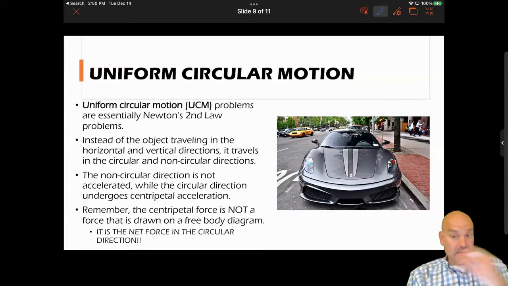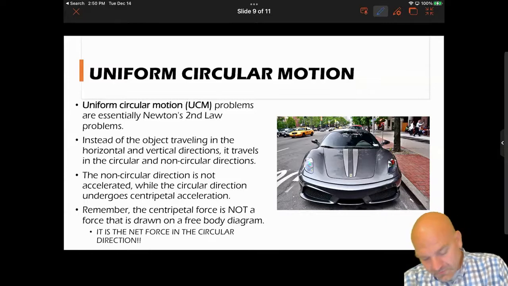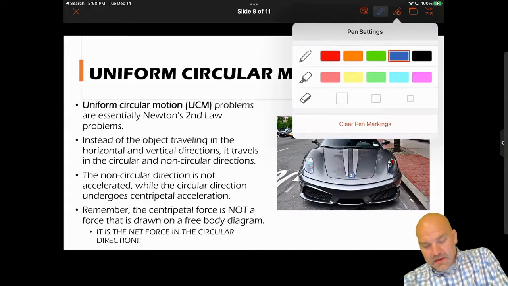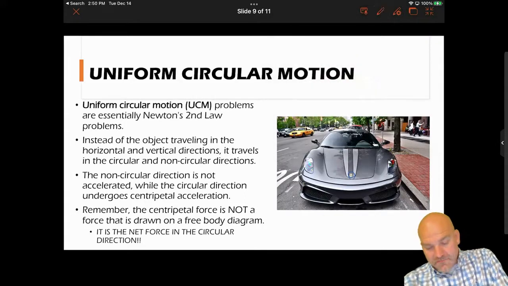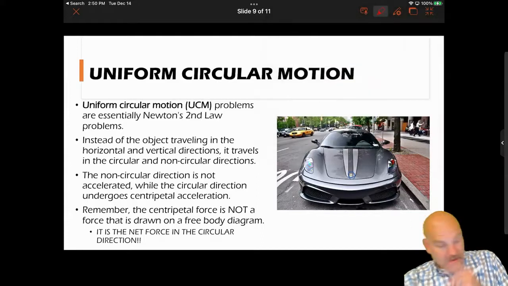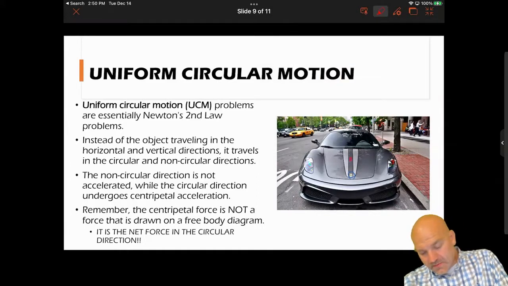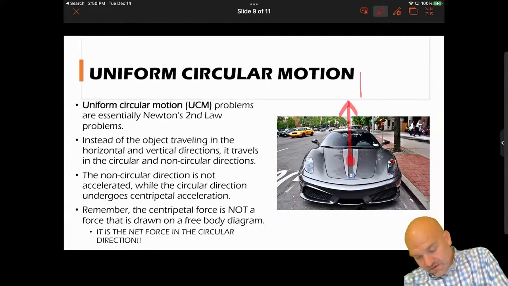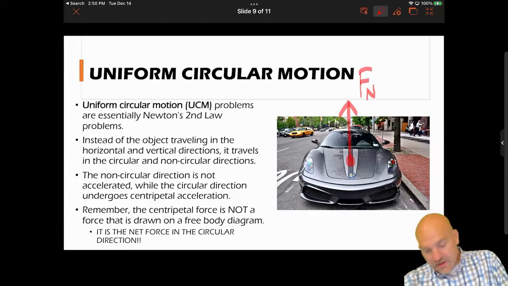So if I'm looking at my car, I wish this was my car, right? This is a Ferrari. You can see the little Ferrari logo right there, okay? So if I'm drawing a free body diagram, I'm looking at this point right here. Now it looks like Rudolph, right? So now I've surfaced the surface, which means I have a normal force, okay?